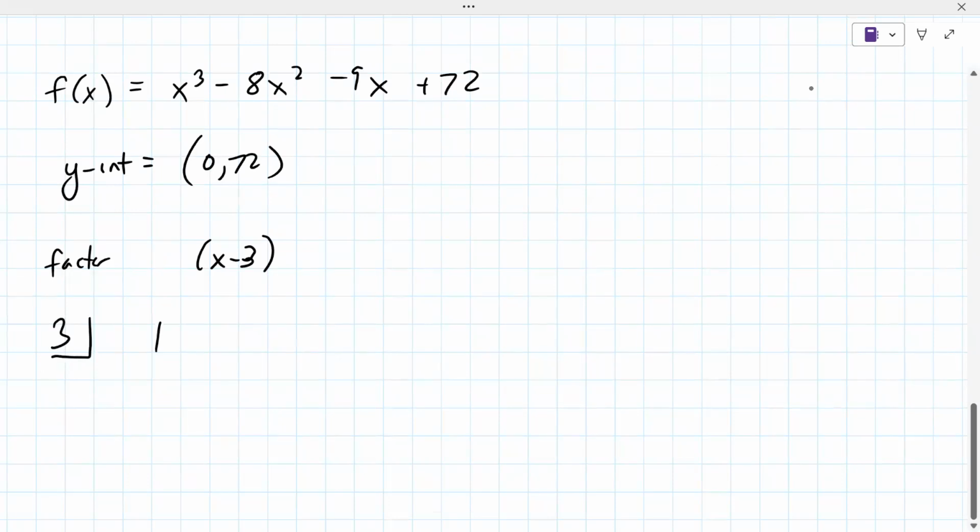Okay, minus 8, minus 9, plus 72. So I want you to verify that there's 0 here, and I want you to tell me the numbers that go here when you're all done, please.